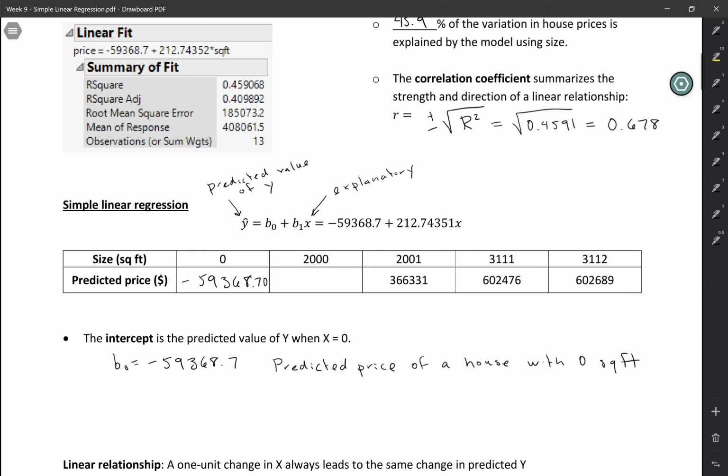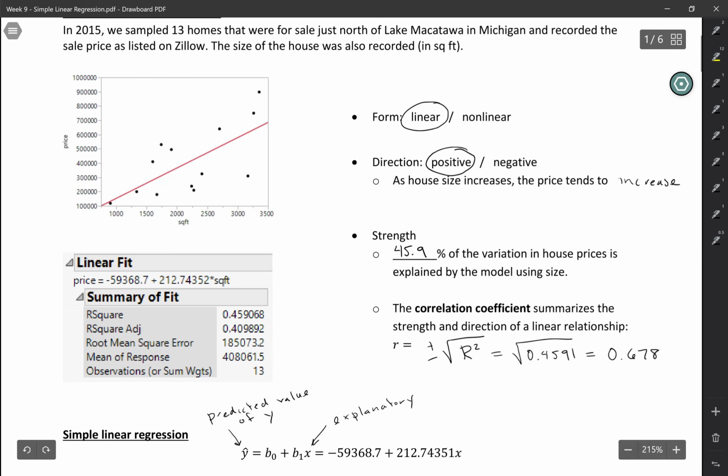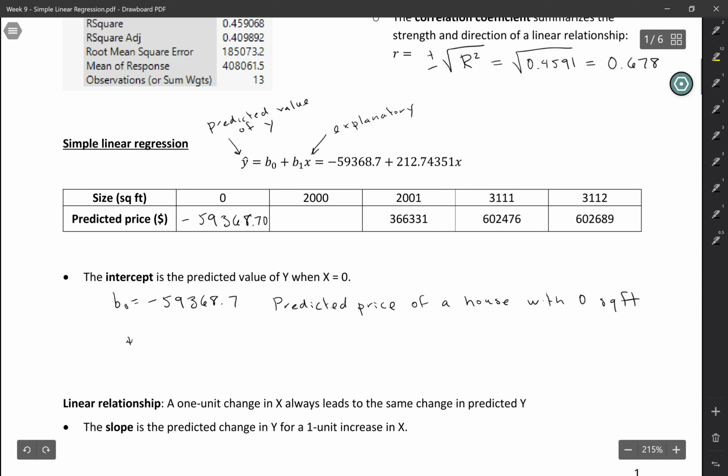And actually, even if it were, I would be nervous about making a conclusion here because if we look at the range of the data, there aren't any houses with less than maybe 900 square feet. So trying to extrapolate way down would be dangerous anyway. We'll just put a little note here that the intercept is not always meaningful.